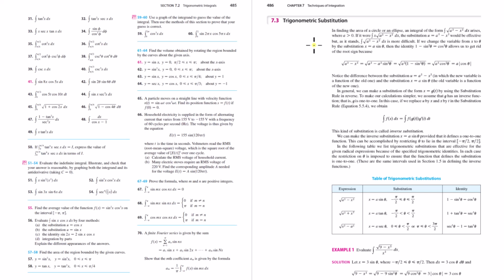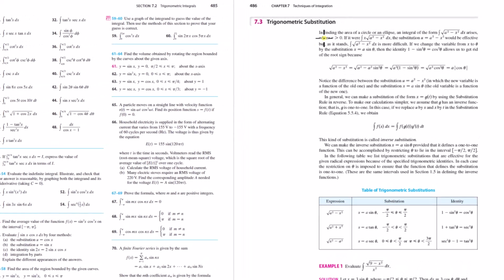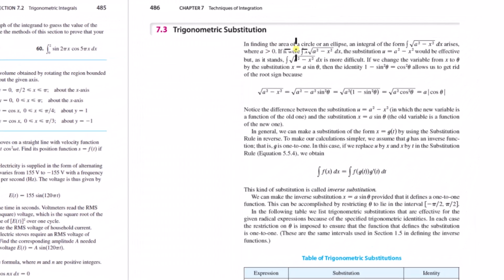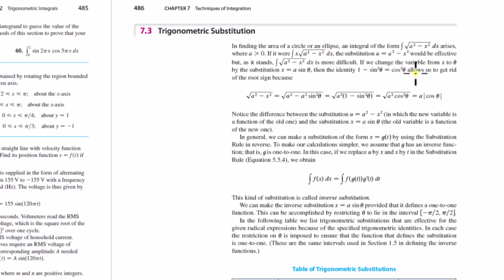involve a trigonometric function. It says, in finding the area of a circle or an ellipse, an integral of the form the integral of the square root of a squared minus x squared dx arises, where a is greater than 0. Think about the equation of a circle: x squared plus y squared is equal to r squared.